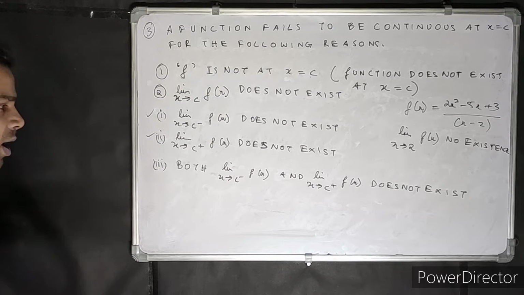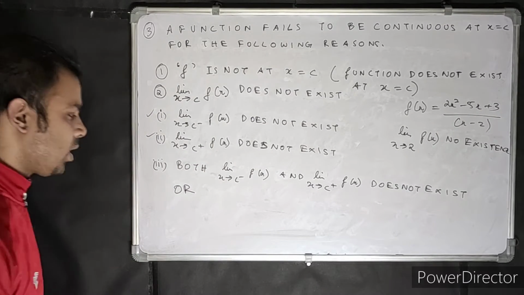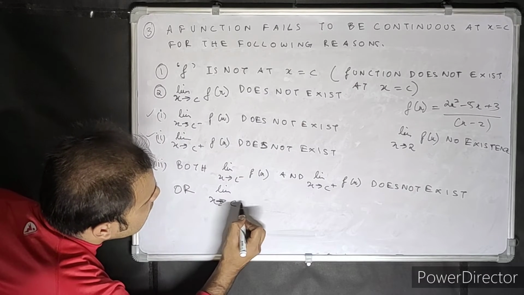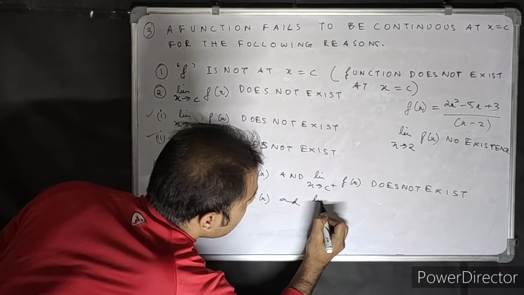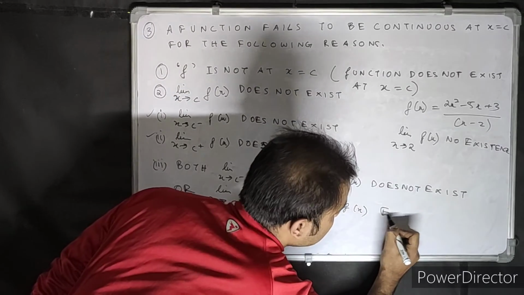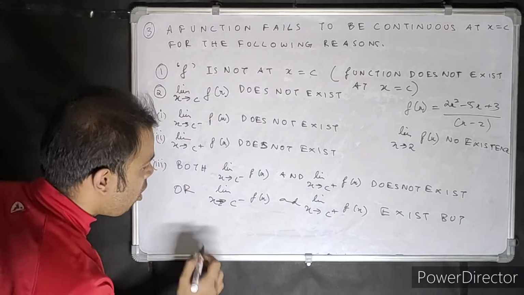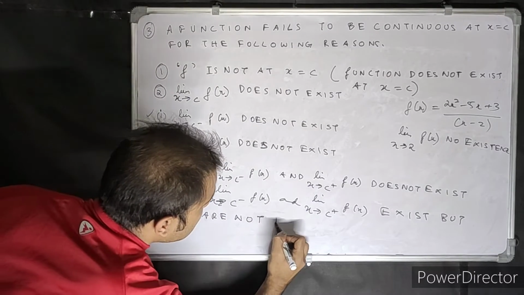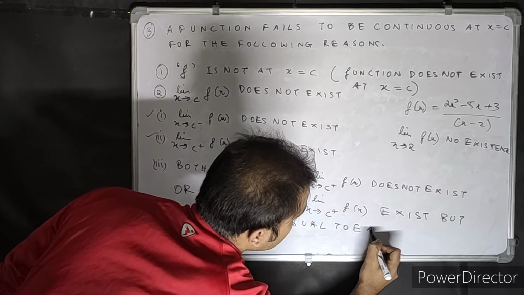Or there can be one more part. Just write or, that's not a fourth part. Or limit of x tends to c negative f of x and limit of x tends to c positive f of x exist. They do exist, but are not equal to each other.